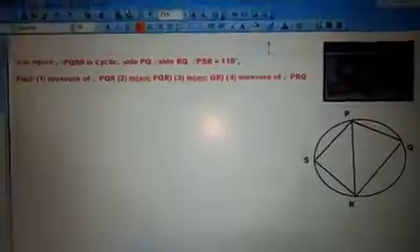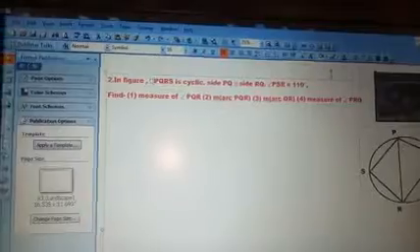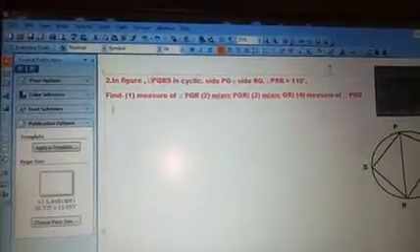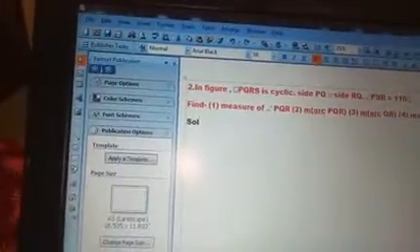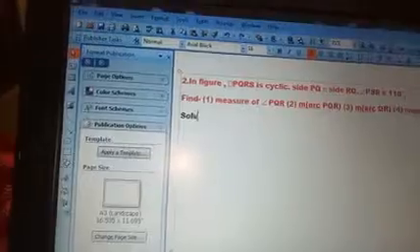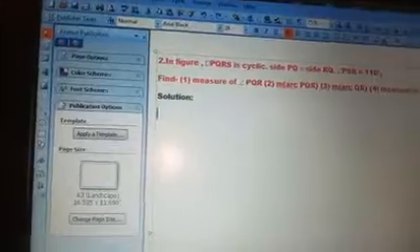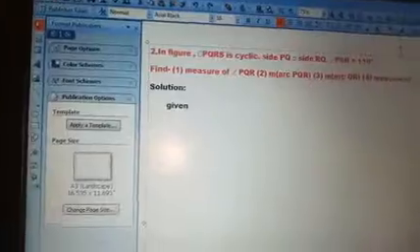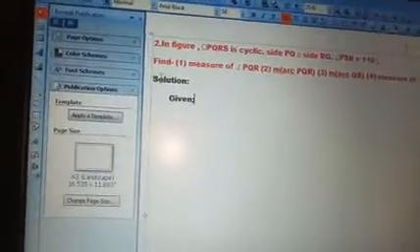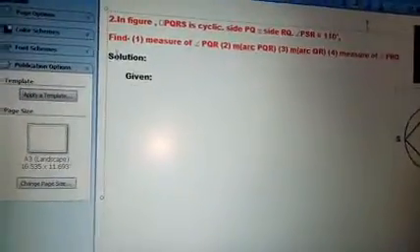Whatever is given, we have to write first of all, and after that we have to find the solution. So while writing the solution, write down first of all the given. Square PQRS is a cyclic quadrilateral.